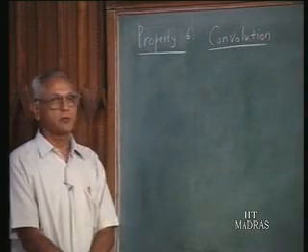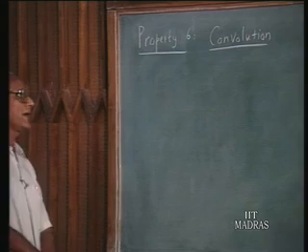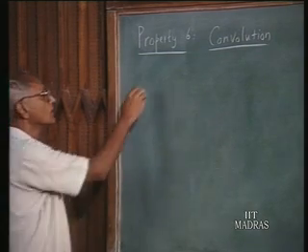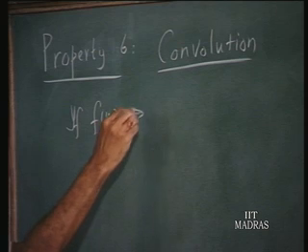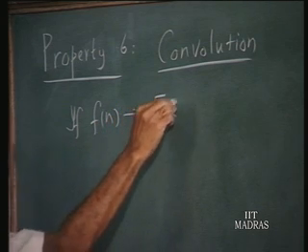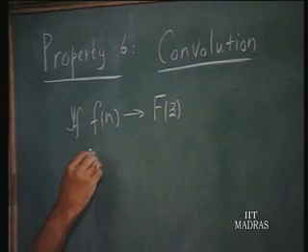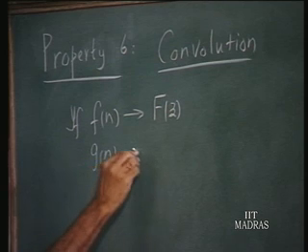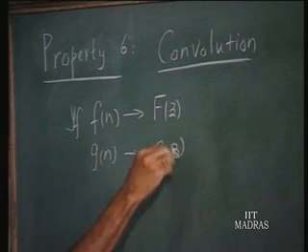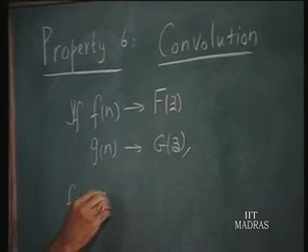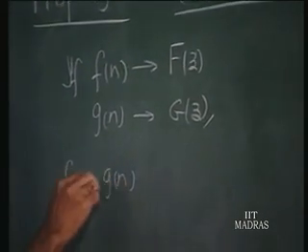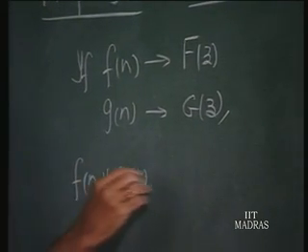The next property we would like to discuss is the one relating to convolution. If Fn has a Z transform F(z) and Gn has a Z transform G(z), we would like to know the Z transform of the convolution of Fn and Gn.